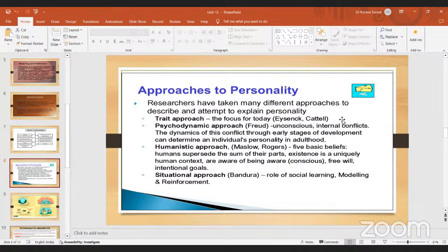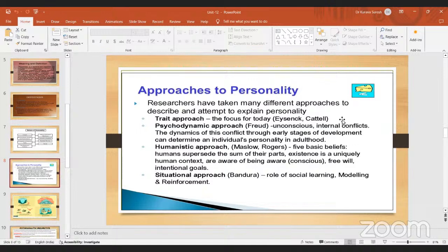The focus today is on Eysenck and Cattell. Psychodynamic approaches deal with the unconscious and internal conflict, and the dynamics of conflict through the years. Stages of development can determine an individual's personality and attitude. Humanistic approaches: Maslow. Trait approaches: Eysenck and Cattell. Psychodynamic approaches: Freud.